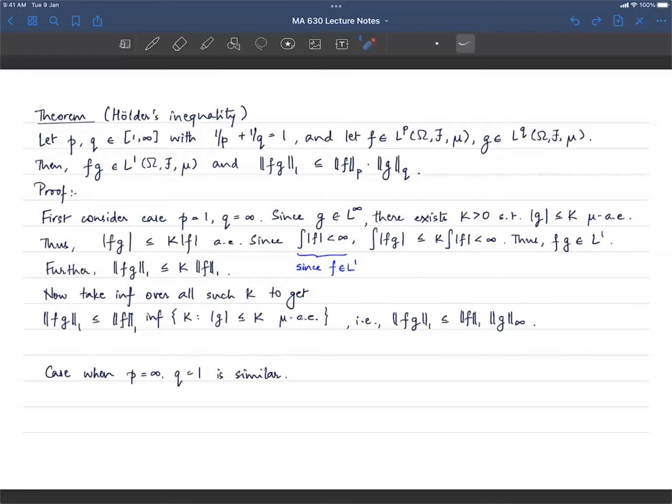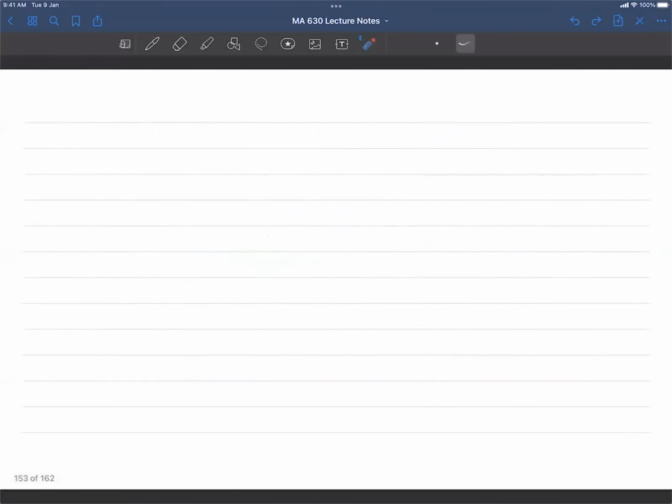All right, so now the slightly more tricky case we will actually work out here. Now we'll consider the case where P and Q are in the open interval (1, infinity). So assume that P, Q are in the open interval (1, infinity). Of course, they're conjugate exponents. That goes without saying.